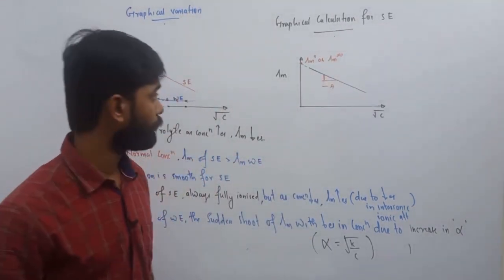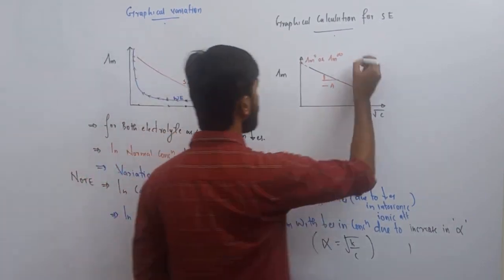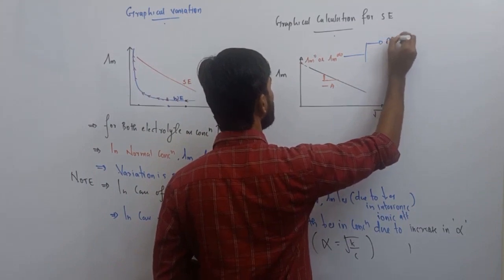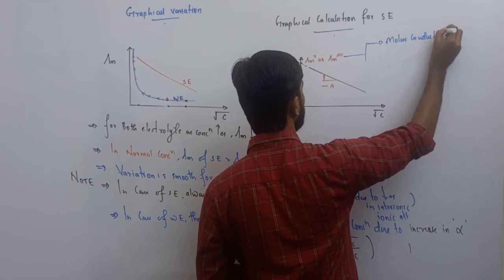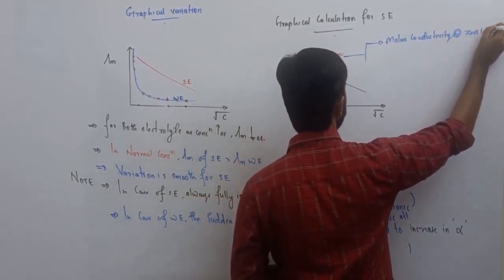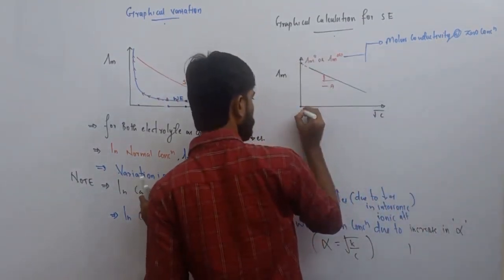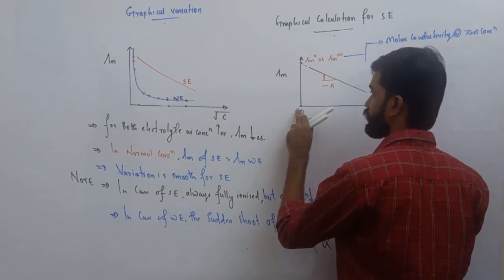What do you mean by lambda m0? Lambda m infinity is the molar conductivity at zero concentration. This is the zero point, so here is where the concentration is 0.